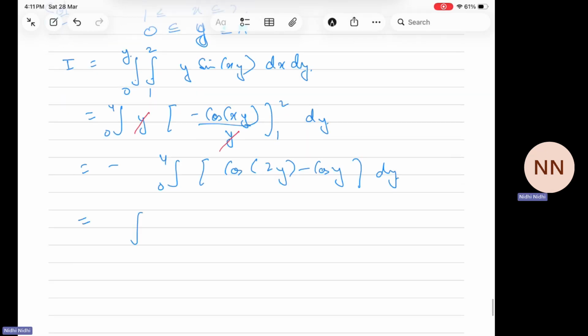So this is just the integral from 0 to pi of cos y dy minus the integral from 0 to pi of cos 2y dy.